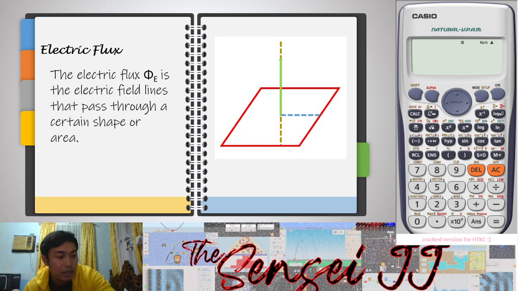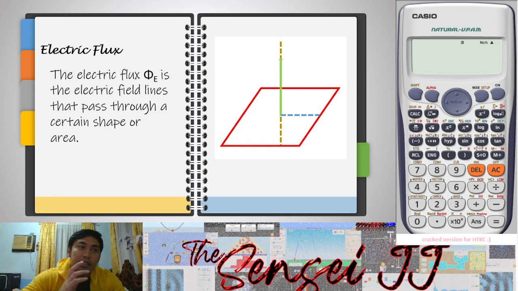Sir, what is the indication of that? The electric field lines pass through at 90 degrees. When we talk about degrees, that is where you see how many electric field lines pass through. We will be discussing it thoroughly.